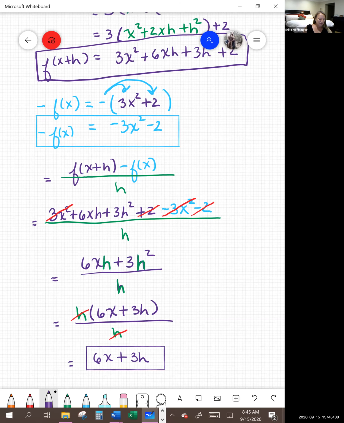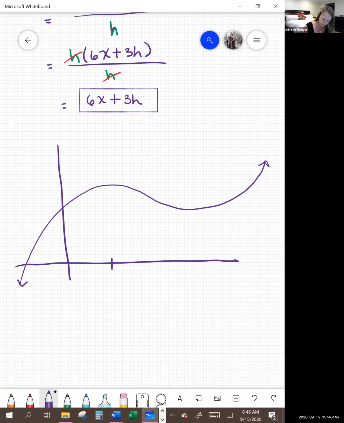So let's say you had some function, and let me just draw any graph. It doesn't matter what it looks like. Let's say we arbitrarily choose 2 points on here. We choose this value here, x, and this point's y value is my f of x value.